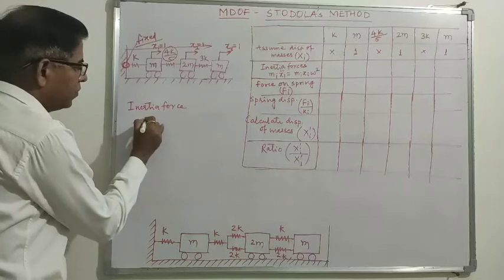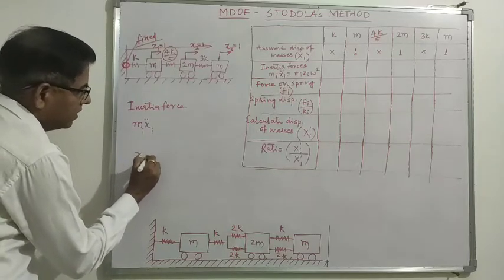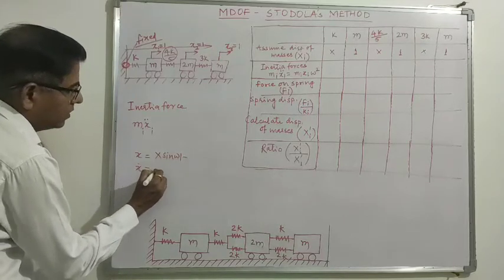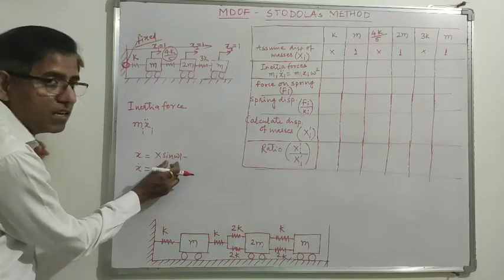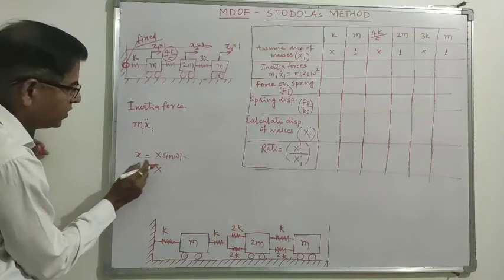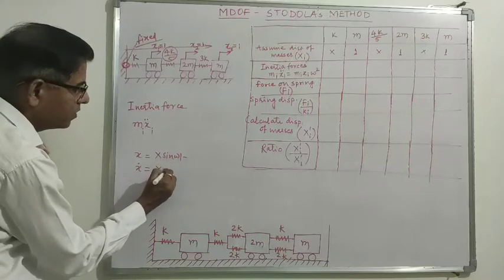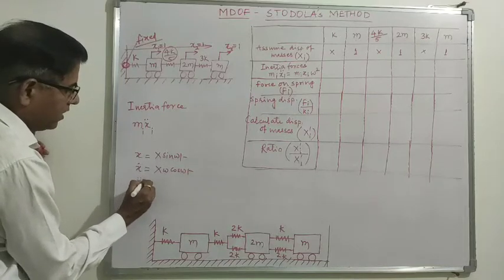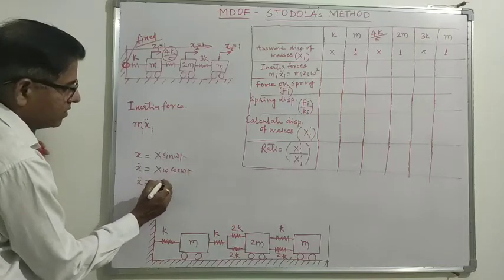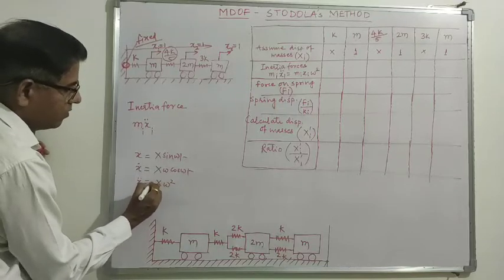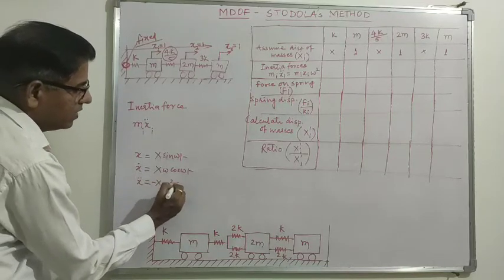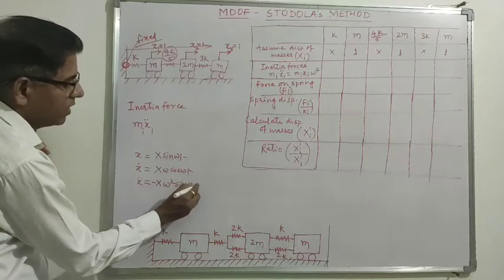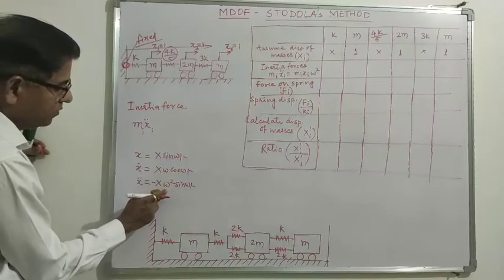We know that x is x sin omega t, so x dot is the differentiation of sin omega t. If you differentiate this with respect to t, then it becomes x omega cos omega t, and x double dot is x omega square, with a minus sign, and sin omega t, because the differentiation of cos omega t gives sin omega t, and omega gets squared.